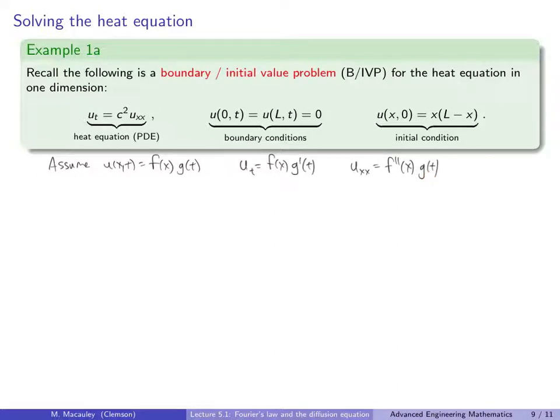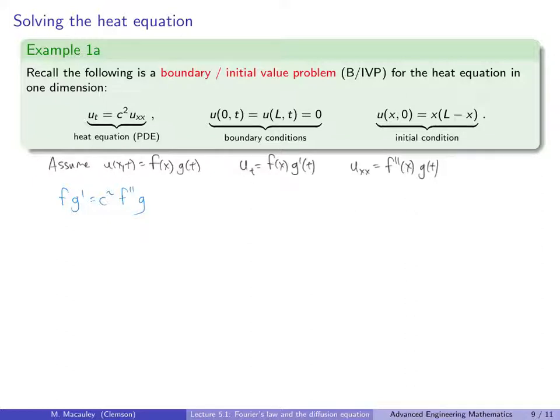So now we are going to plug these things back in. So the left-hand side is u_t, which is f times g prime, and that equals c squared times u_xx, which is f double prime g. Now there's several things you can do. You want to put all of the x's on one side and all of the t's on the other side.